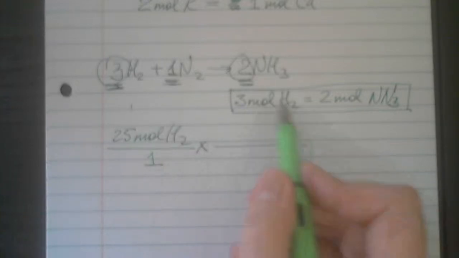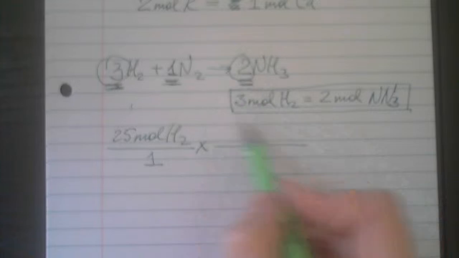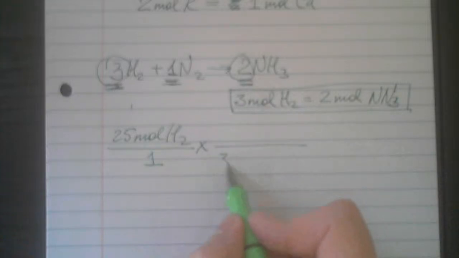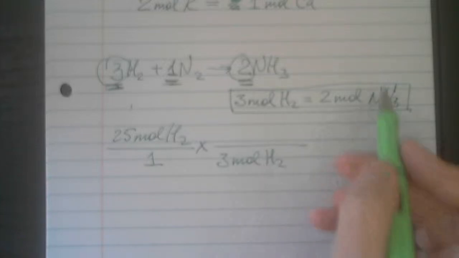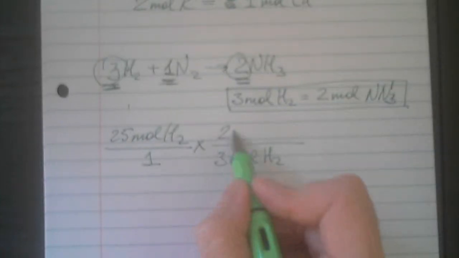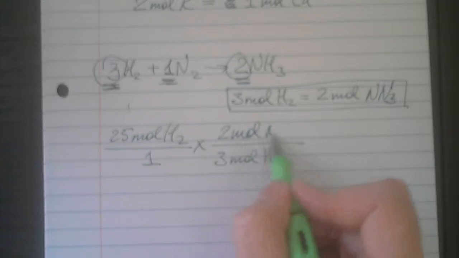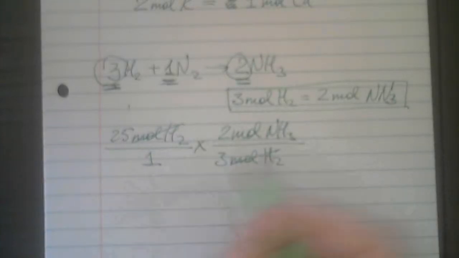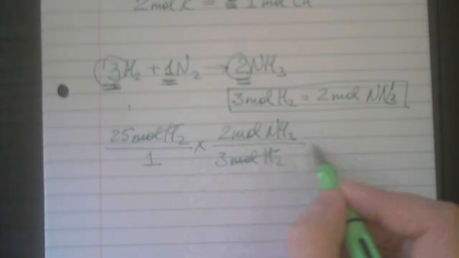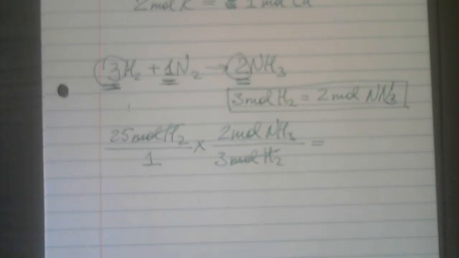I want moles of hydrogen to be cancelled out, so I will place the hydrogen part of my conversion to the bottom, 3 moles of hydrogen, and 2 moles of NH3 to the top. So moles of hydrogen will be cancelled out and moles of NH3 will be my winning game over here.